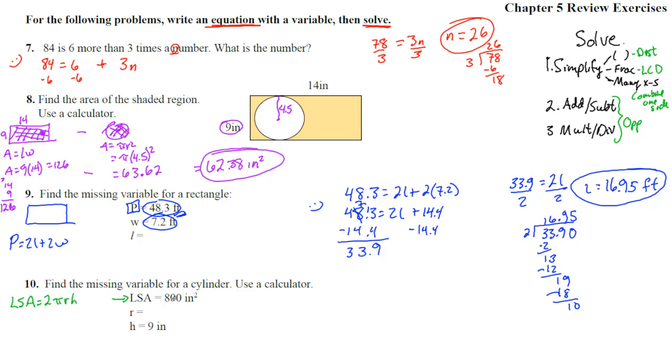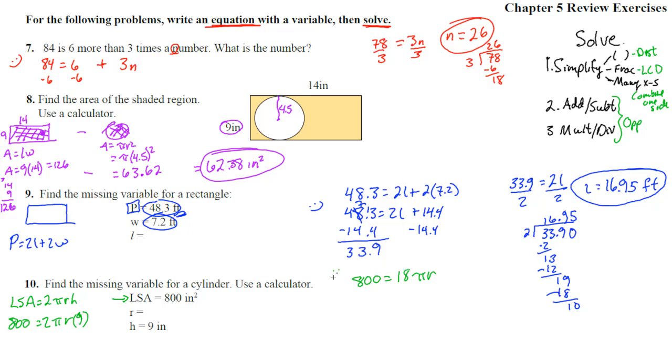Okay, so the 800 goes here, 800 equals 2 times pi times r, which we don't know, times h, which is 9. So we get 18 times pi. So let's write it over here. 800 equals 18 times pi times r, and that's it.